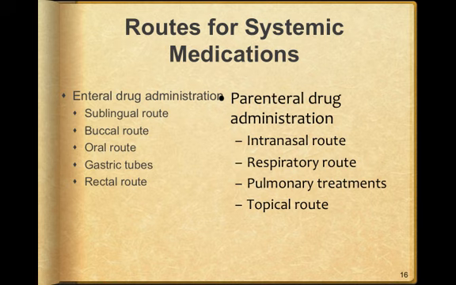Parenteral drug administration: intranasal route, into the vascular system through the mucous membranes. Respiratory route, through the capillary alveolar membranes of the lungs. Pulmonary treatments are some examples of these, and then the topical route. Nitroglycerin ointment would be an example of a topical route.